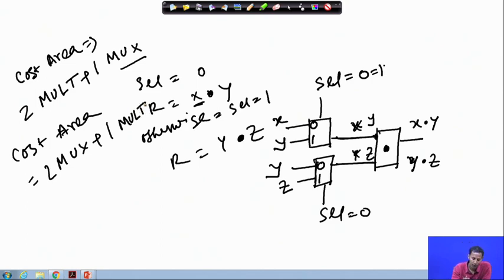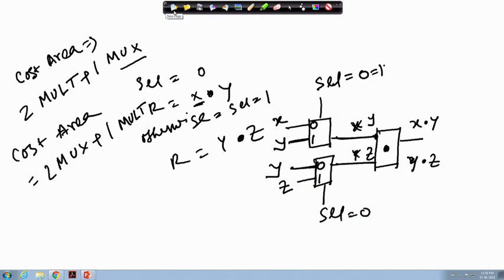So, can I reduce it more? Yes, I can. How? If you see, y is basically common in both cases. So now I will select whether x will be multiplied with y or z will be multiplied with y.